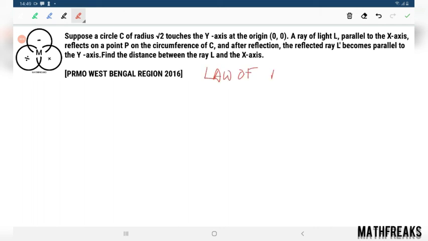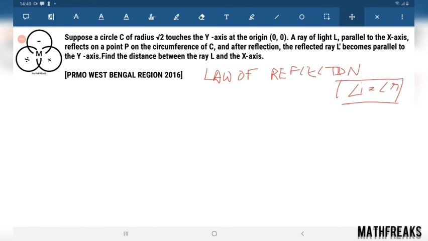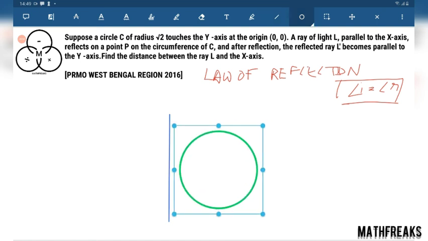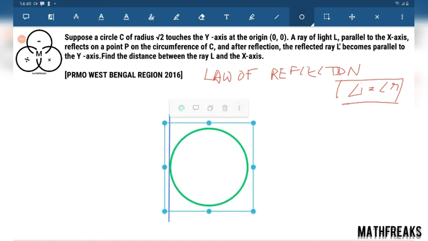Law of reflection: angle I equals angle R. Suppose a circle of radius root 2 touches Y at the origin. This is Y. The circle touches Y at the origin.